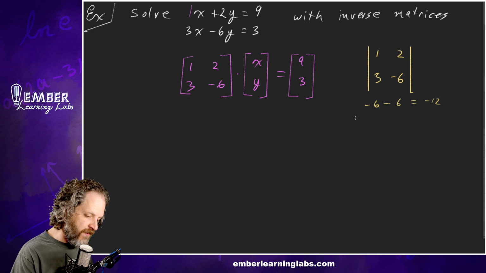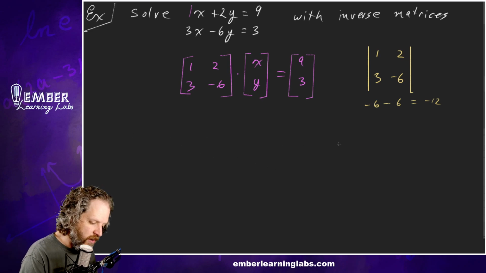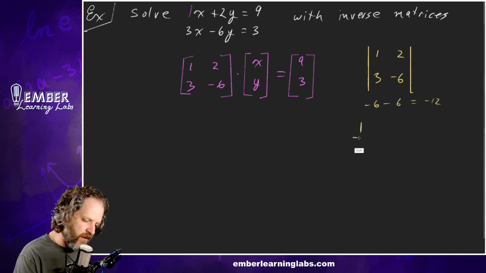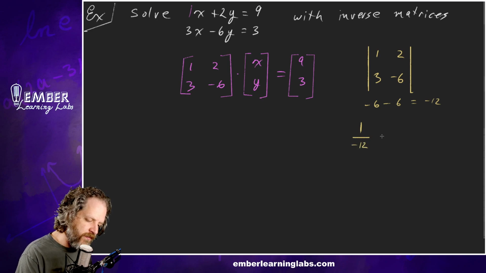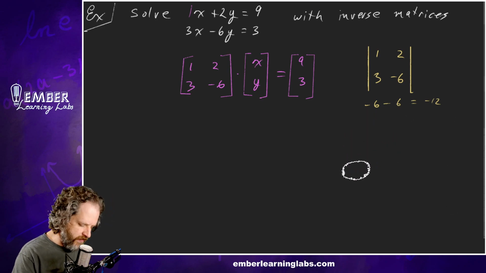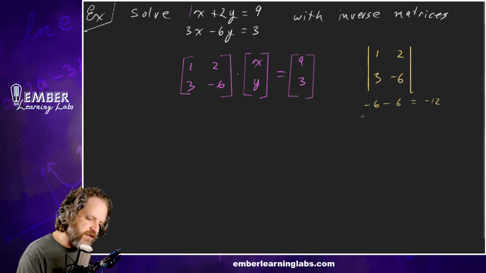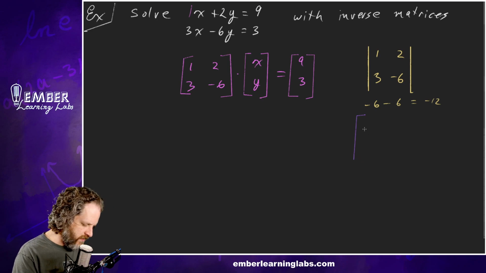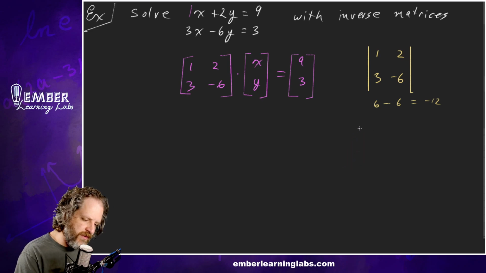To find the inverse, we multiply 1 over -12 times the flippity floppity matrix. I should do this in a different color, just to keep it clear that these are different steps. 1 over -12 times this thing.